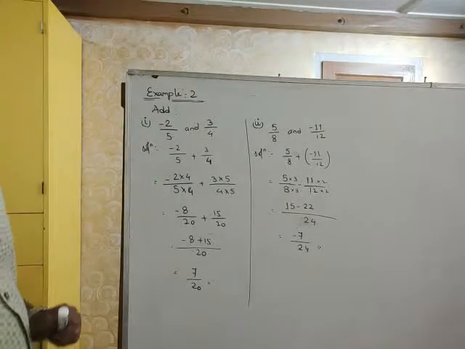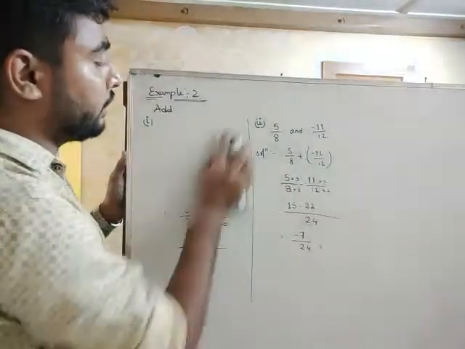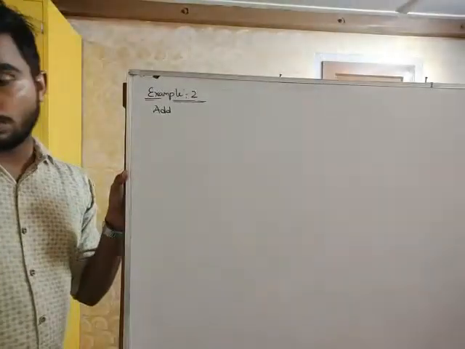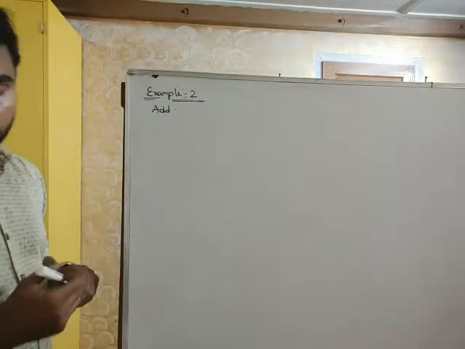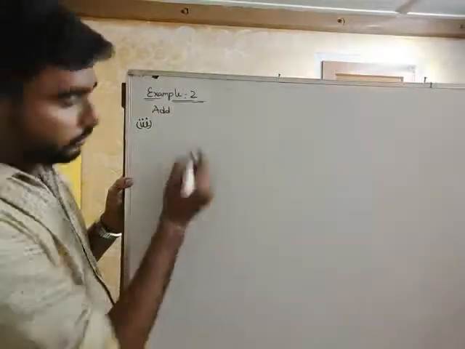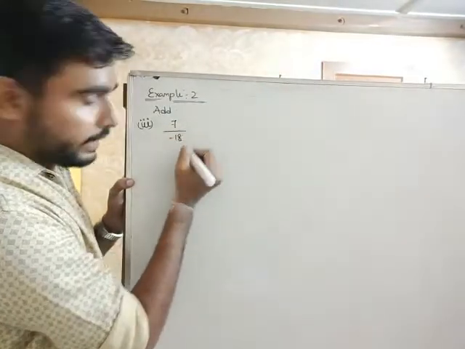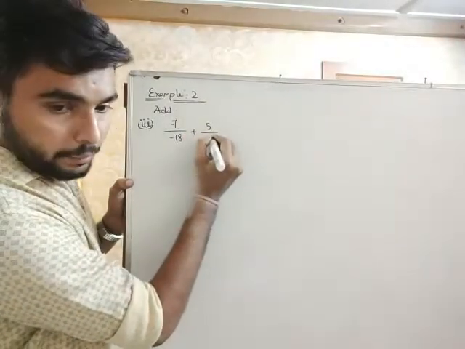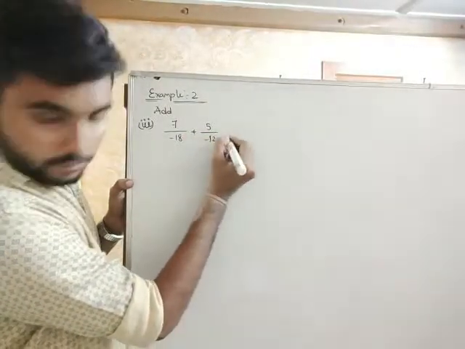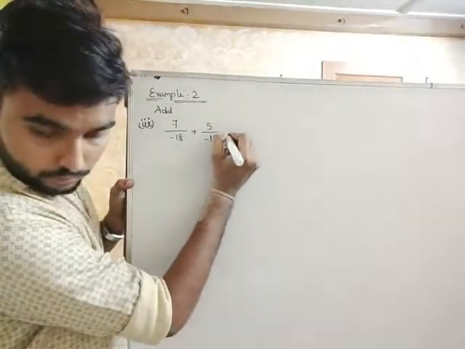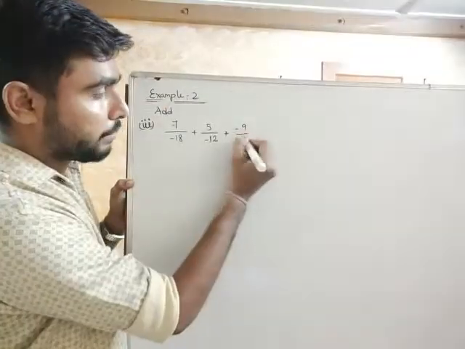Okay. Let's see number 3 then. 7 by minus 18 plus 5 by minus 12 plus minus 9 by minus 16.